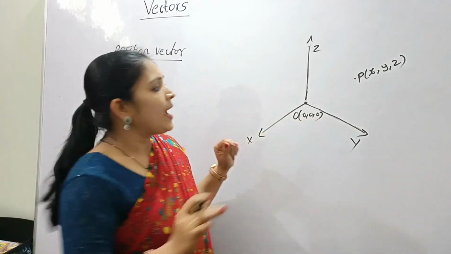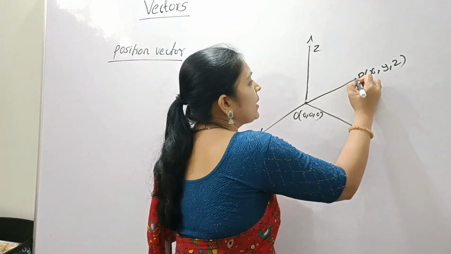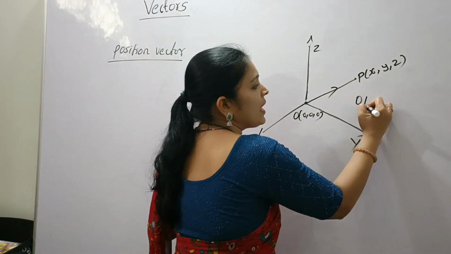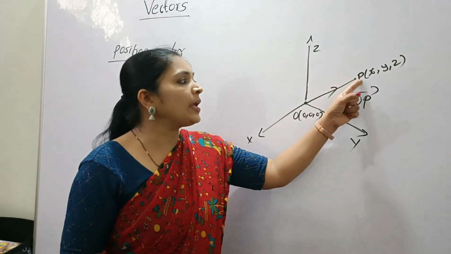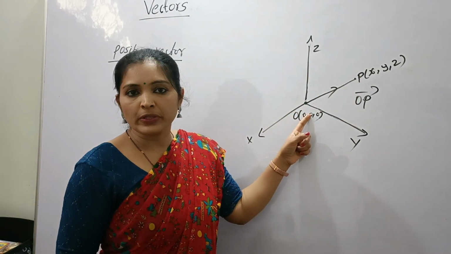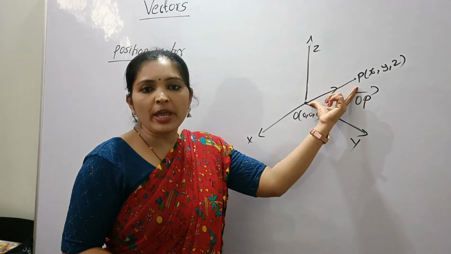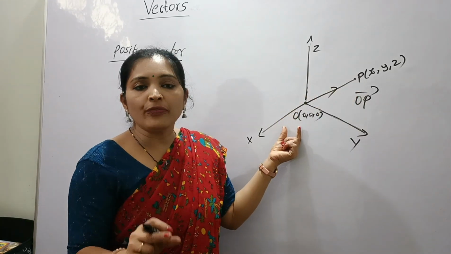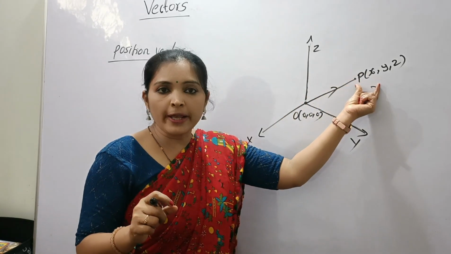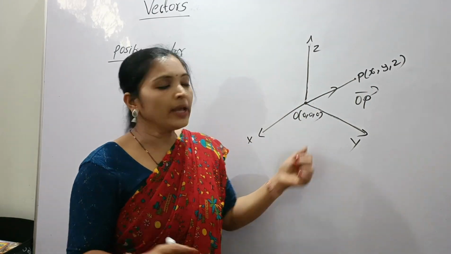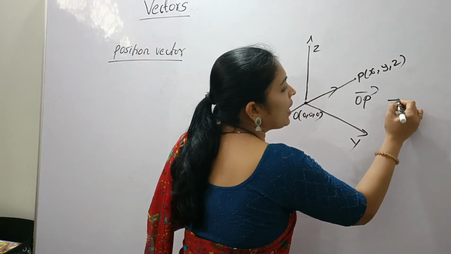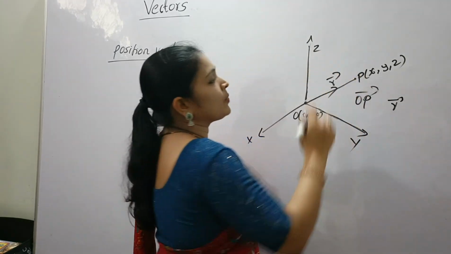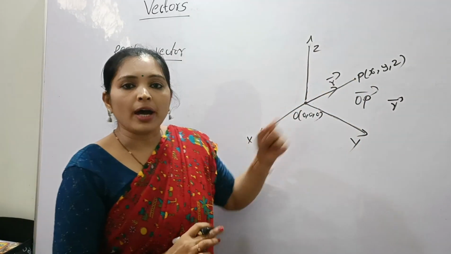The vector OP is called the position vector of the point P with respect to the origin. It is also denoted by vector R, the position vector.